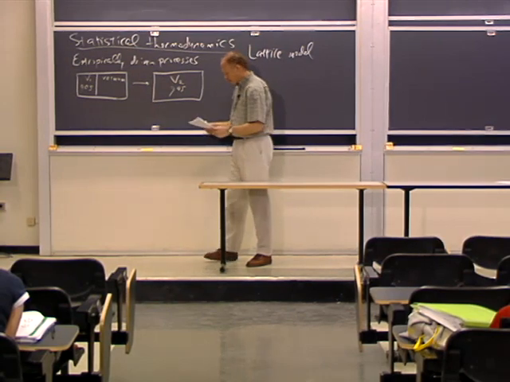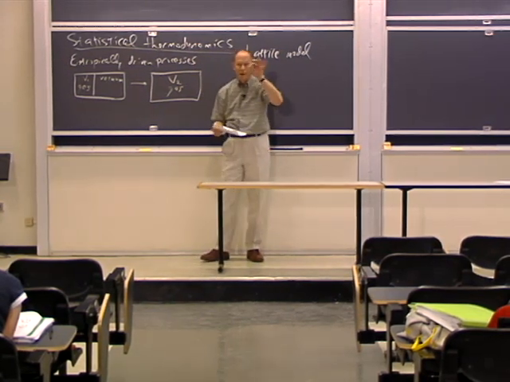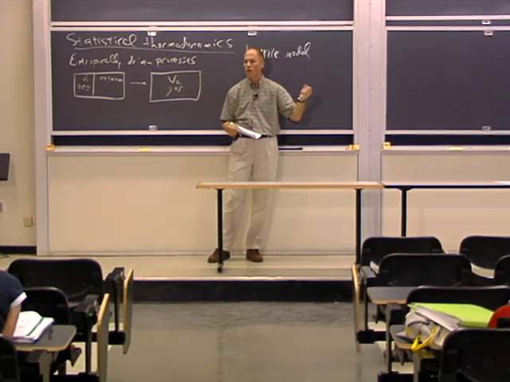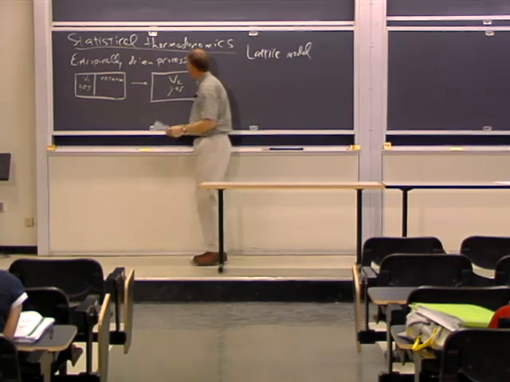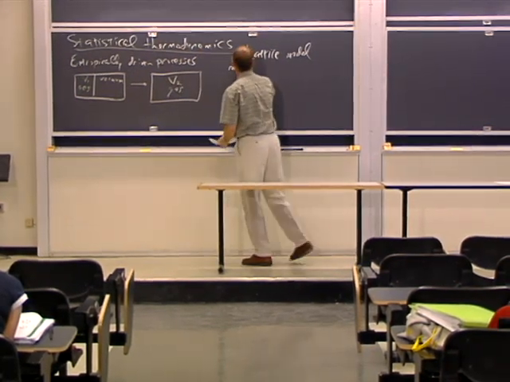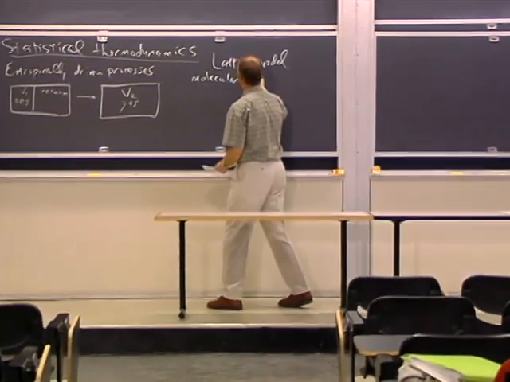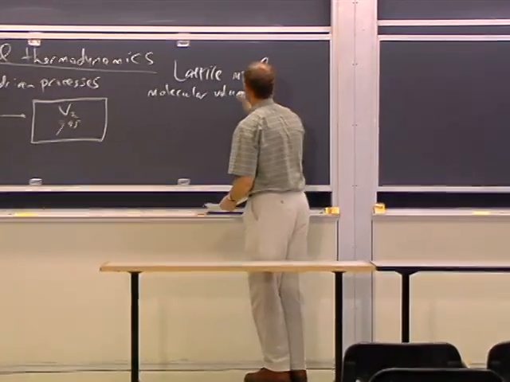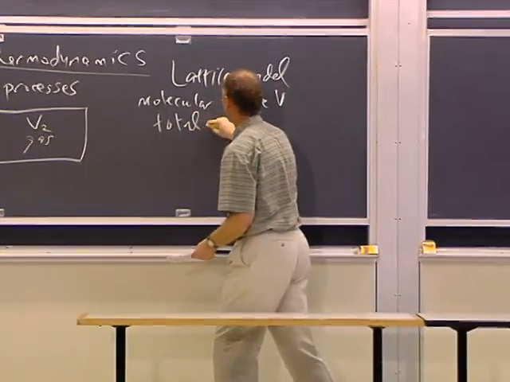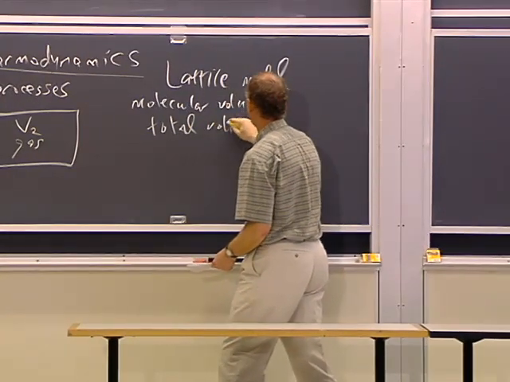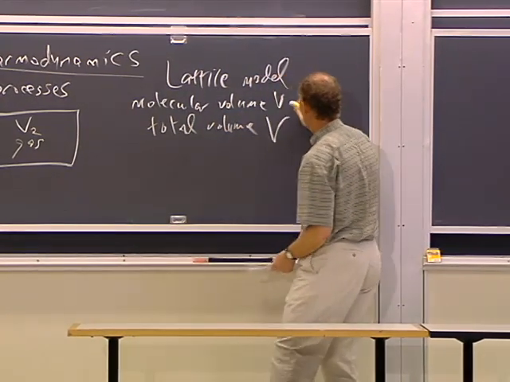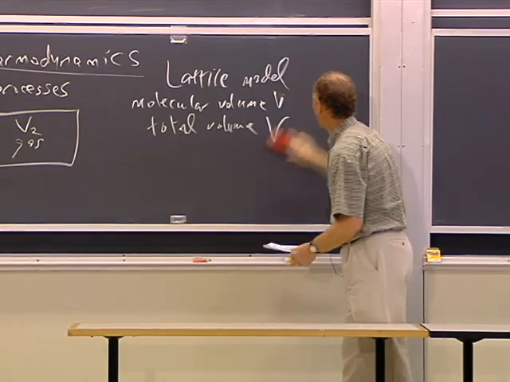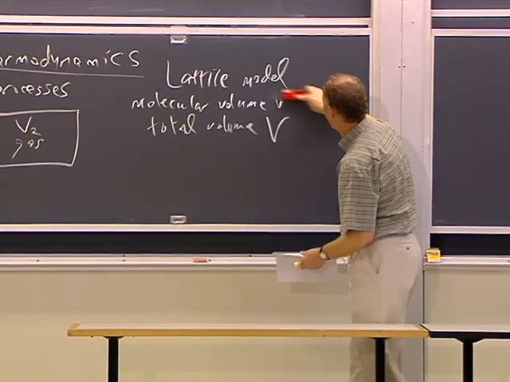So if you look at the total number of little volume elements of this sort, it's on the order of 10 to the 30th. So the total volume, capital V, let's make that distinction clear.